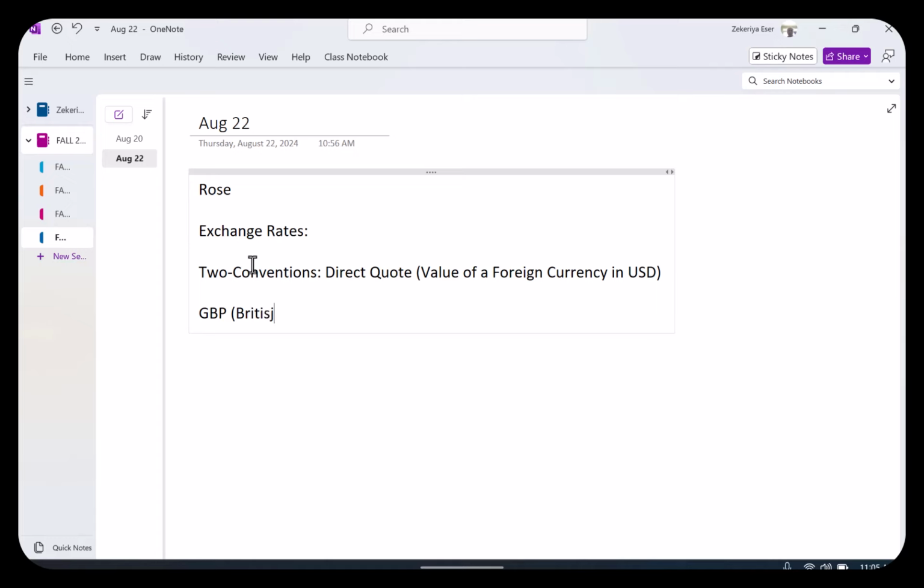Pound, euro, Aussie, and Kiwi are typically quoted in direct quotes, direct fashion.